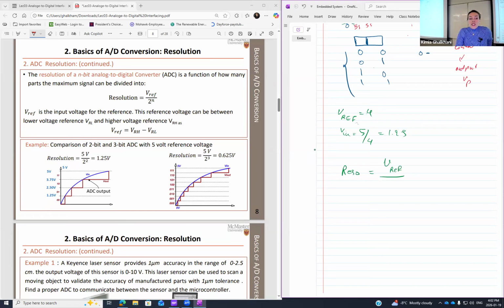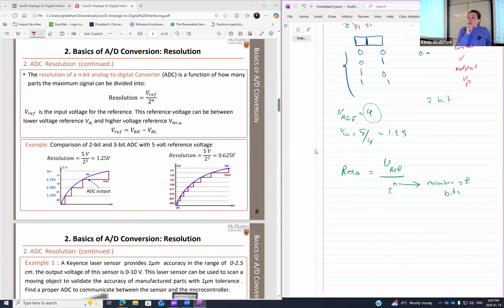Your reference voltage divided by, in this example, I know this is 2-bit. But there are situations you want a general equation. General equation means 2 to the power of n, and that n means number of bits. Now you know how to start with calculation.